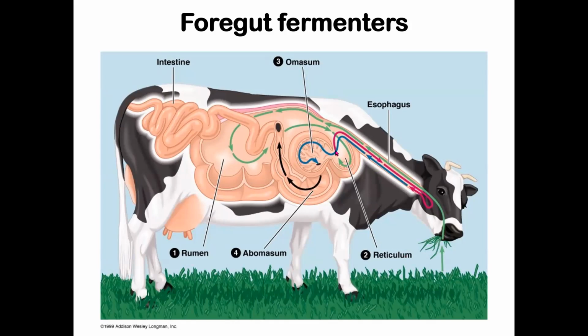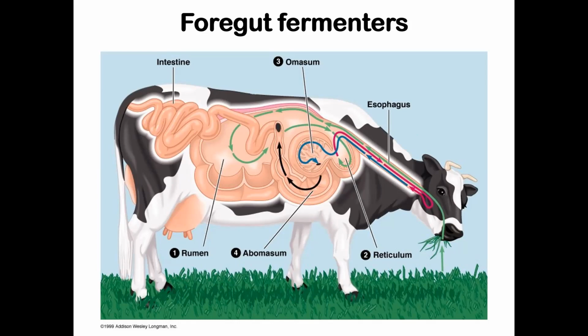From there, it goes back into the mouth, where they chew the cud a bit more. Then it goes into the omasum. That's the final bit, and into the abomasum. I'm not sure how you pronounce it, and that's where most of it's digested. And here it's down the intestine. It's absorbed. A very complex system.